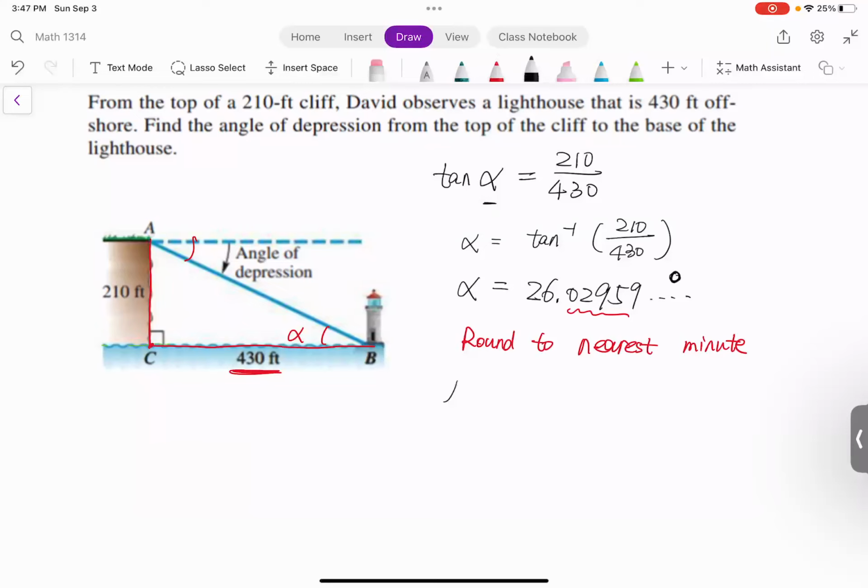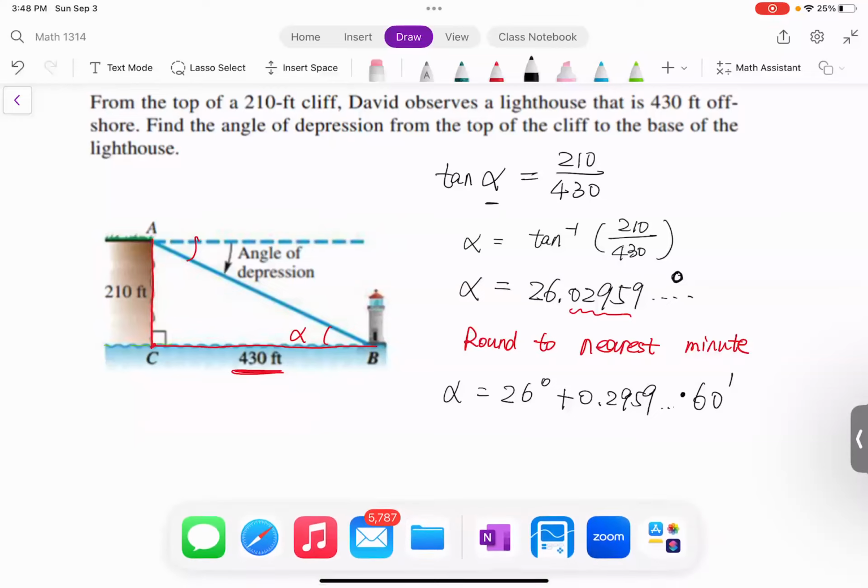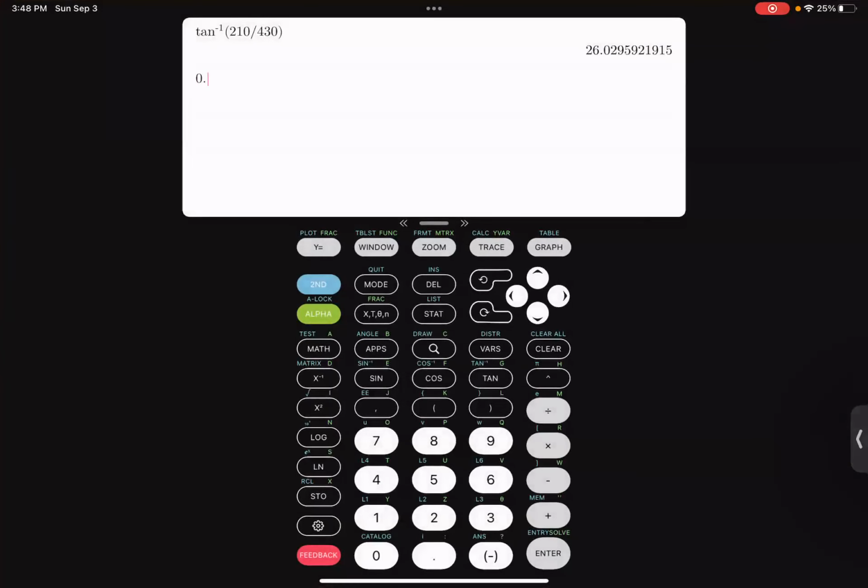So my alpha equals 26 degrees plus 0.2959 something, then multiply by 60. Then I convert it to the minutes. Let's use all of these multiplied by 60, 0.2959 times 60.